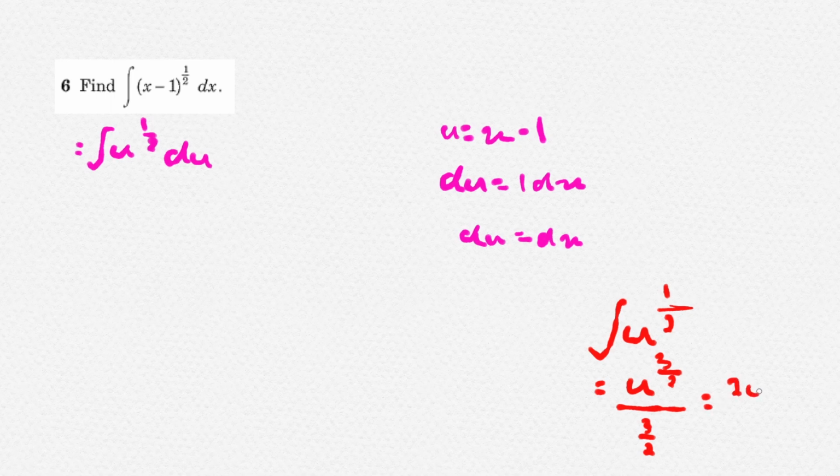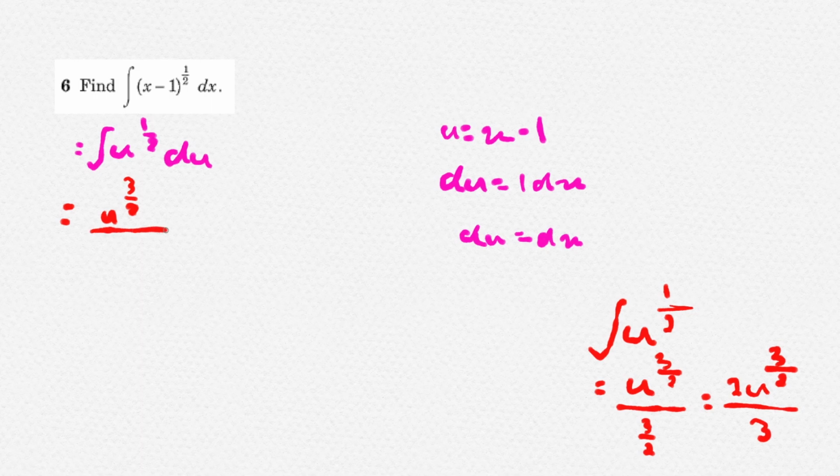This would be equal to 2u to the power of 3 over 2 divided by 3. Therefore, the integral of u to the power of half will be equal to 2u to the power of 3 over 2 divided by 3.